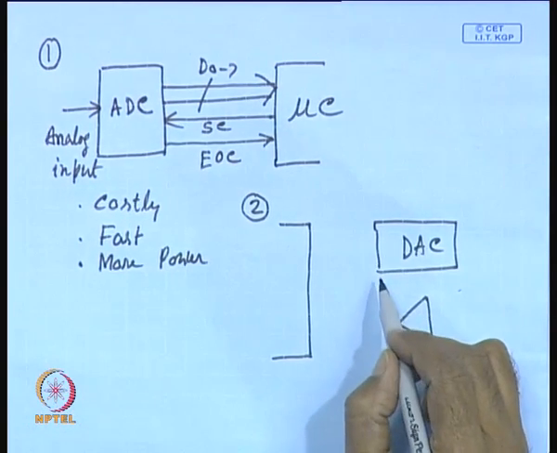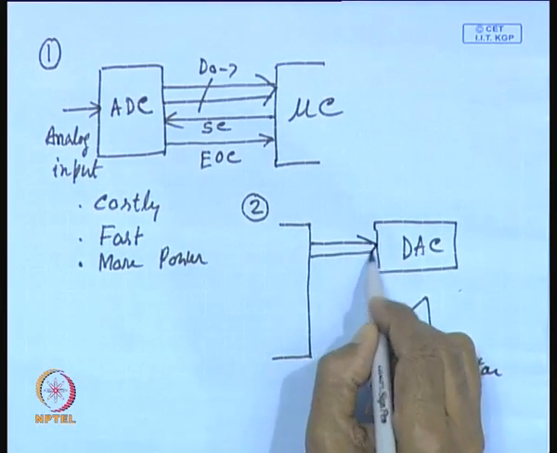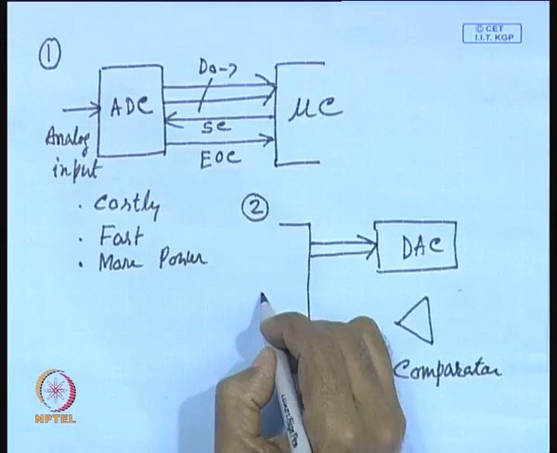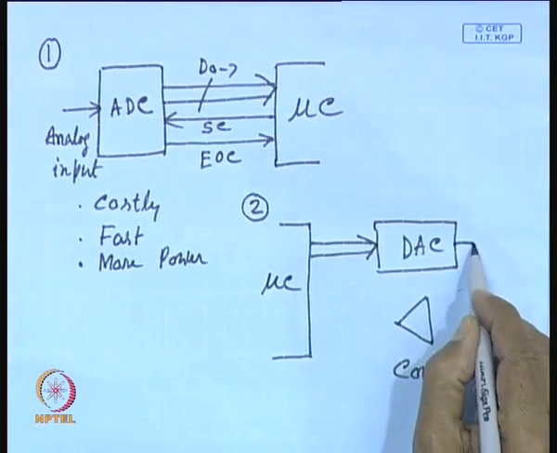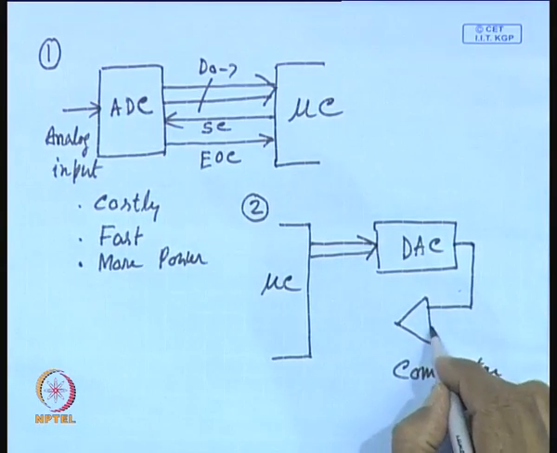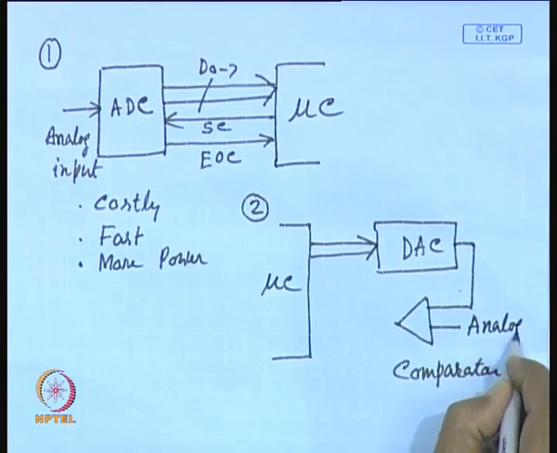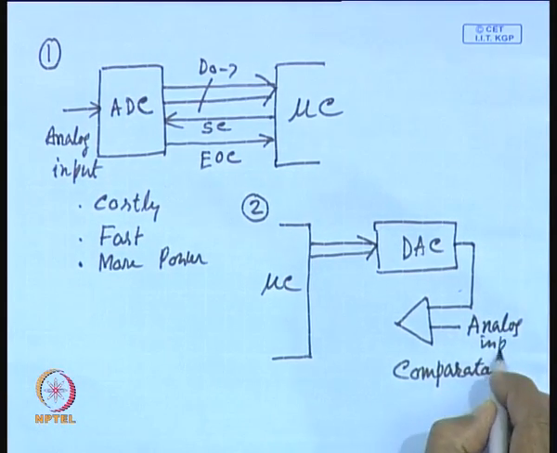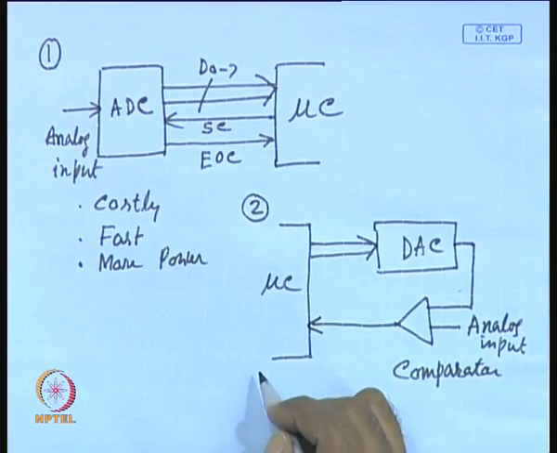So, the digital to analog converter will receive input from the microcontroller, and the output of the DAC, which is an analog signal, will be applied to one input of the comparator, and to the other input you will apply the analog input. The comparator output will go to one port line of the microcontroller.